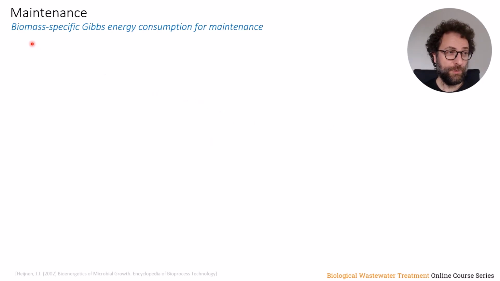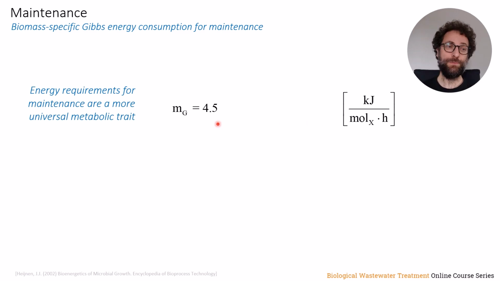What we refer to is the biomass-specific Gibbs energy consumption for maintenance. And what the authors observed is that this seems to be a fixed number, 4.5 kilojoule per mole biomass per hour at 25 degrees Celsius. And that among all the different variables, the only parameter this value depends on is the temperature.